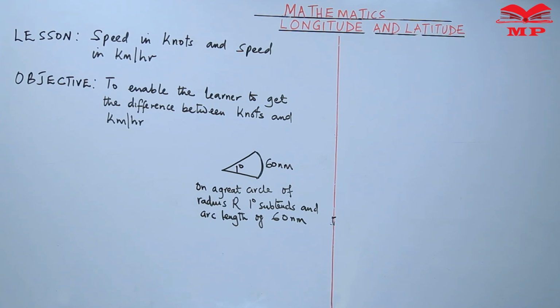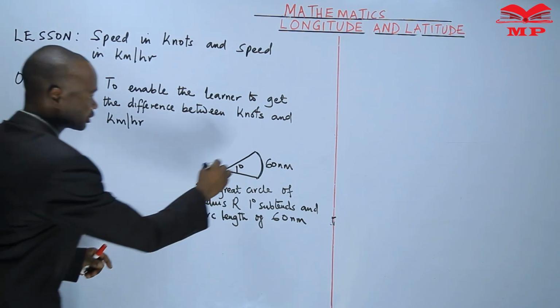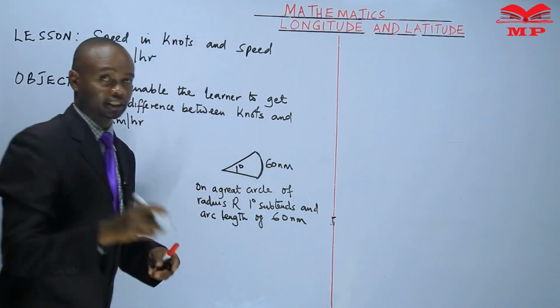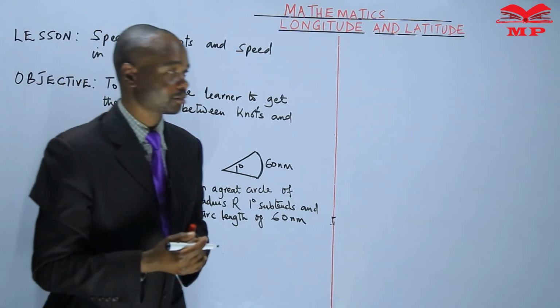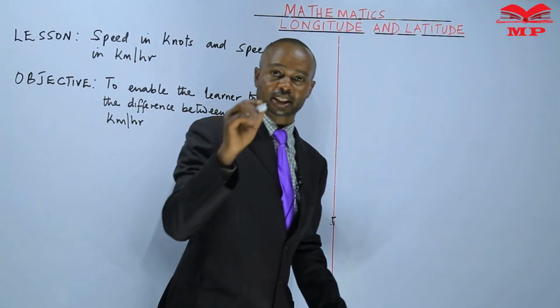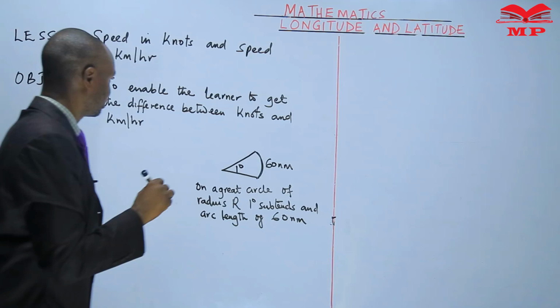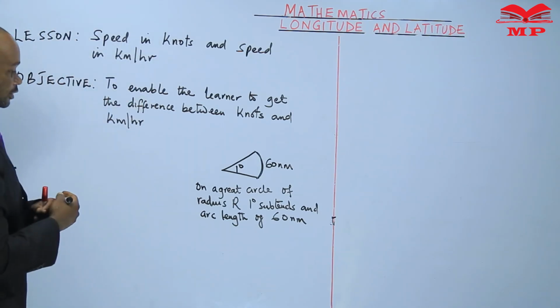So we can get this distance in kilometers, then we get the relationship first between the kilometer and the nautical mile before we move to the knot.